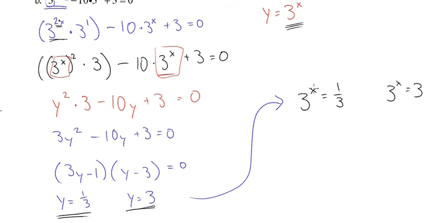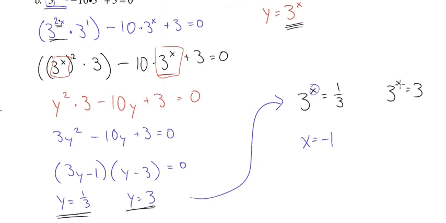All right, so now for the first one, if I have 3 to the x power, what would that power have had to have been if we end up with 1/3? Well, a -1 exponent is what would do this. It would flip your numerator to your denominator and your denominator up to your numerator. And so this x is going to be -1.